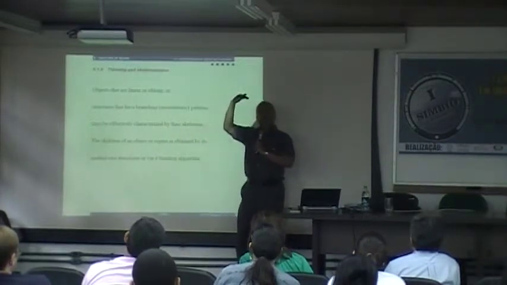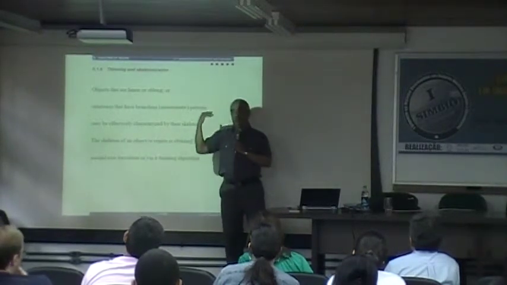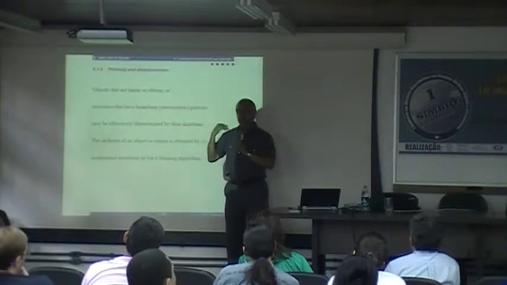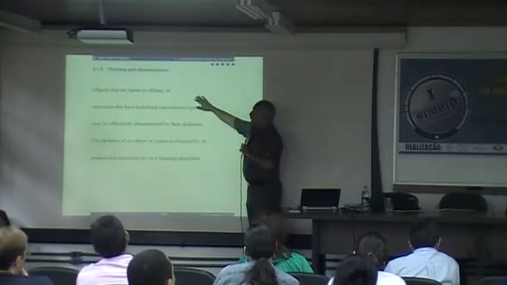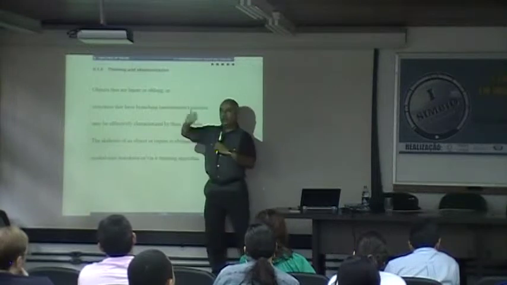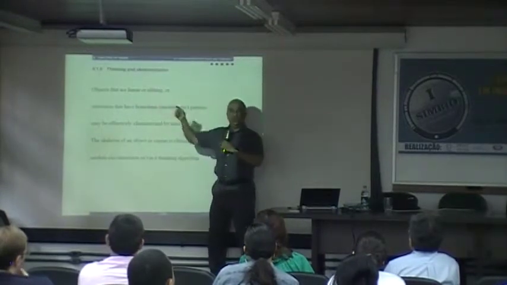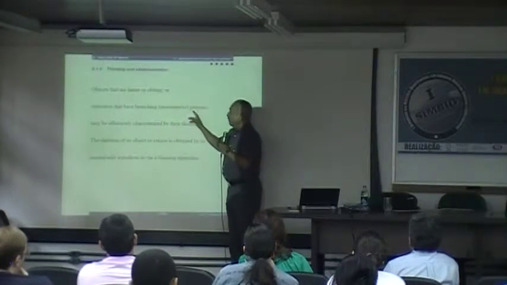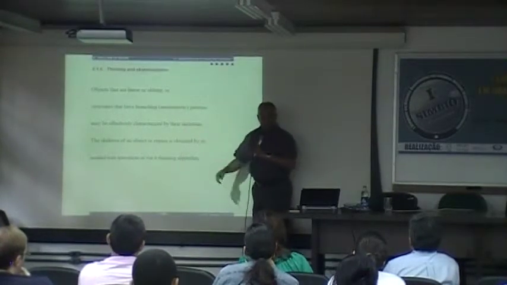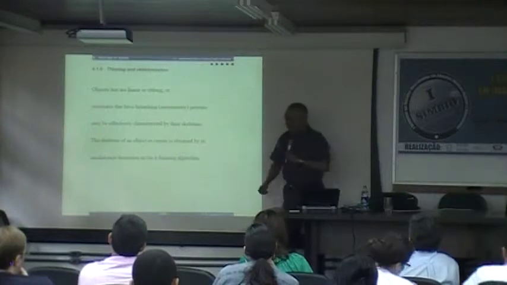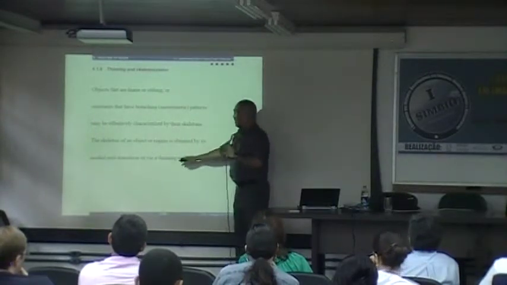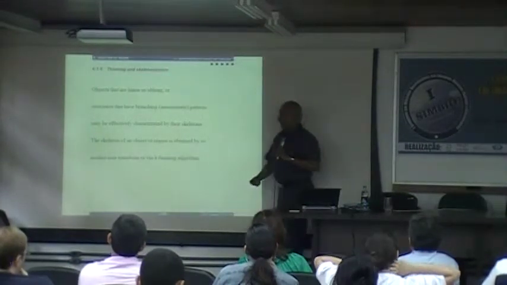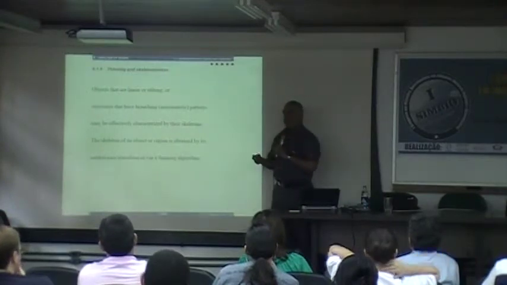And then you can go back and measure the angle, the thickness at every point on the skeleton. So objects that are linear or curvilinear, not closed, branching patterns may be analyzed by their skeletons. The skeleton is obtained by what is called the medial axis transform, or a thinning algorithm.